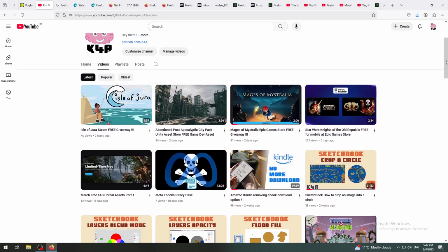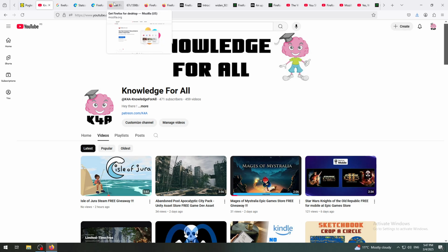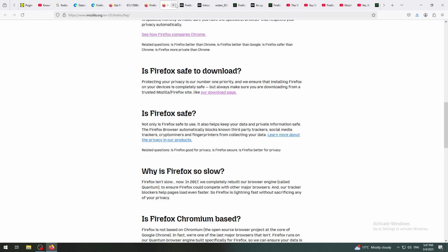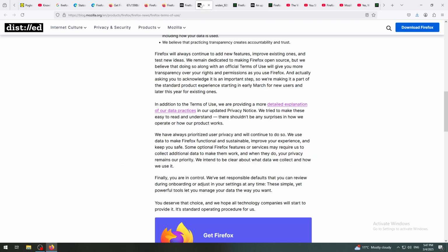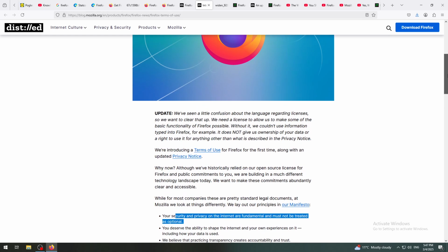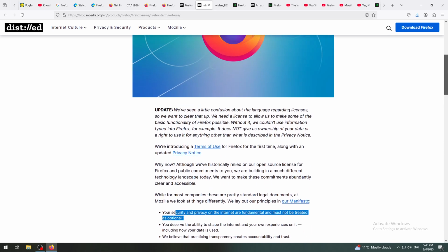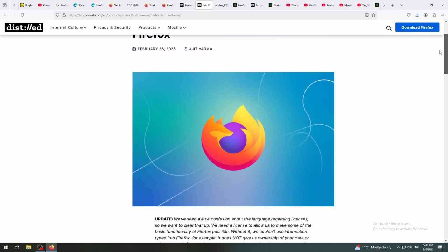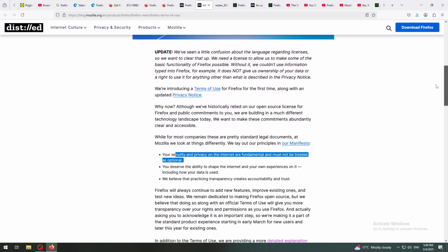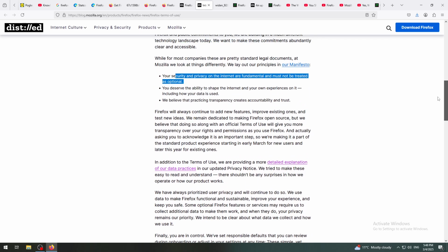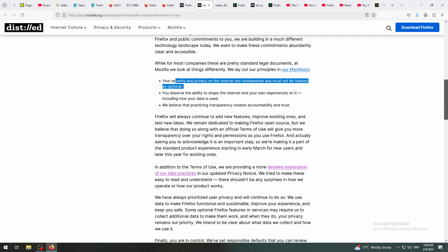It's always like, oh, we're helping you, your data is safe. But on the other side, we can see that it's not always like that in practice. So they have issued this terms of use and privacy notice update, and gave links to it. We will see that in a second.